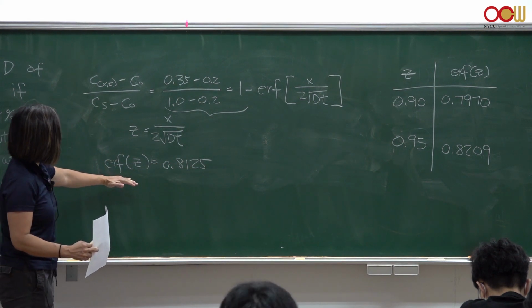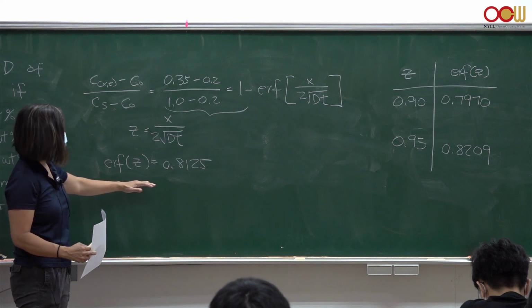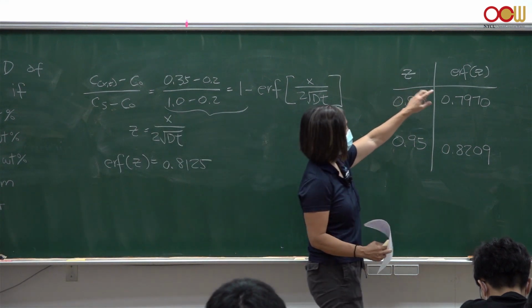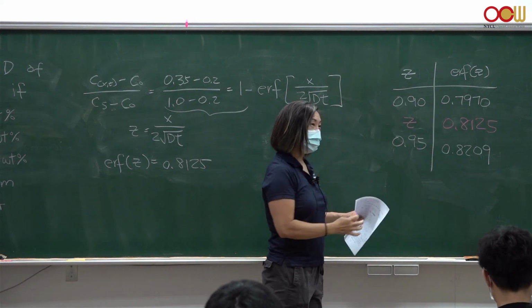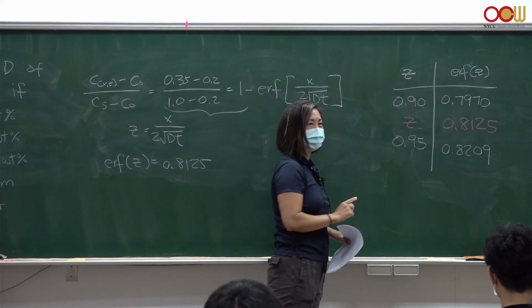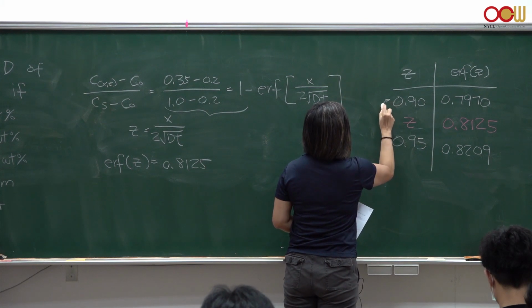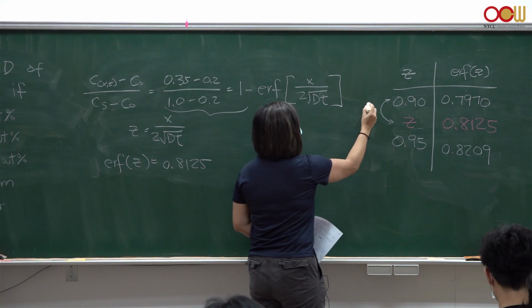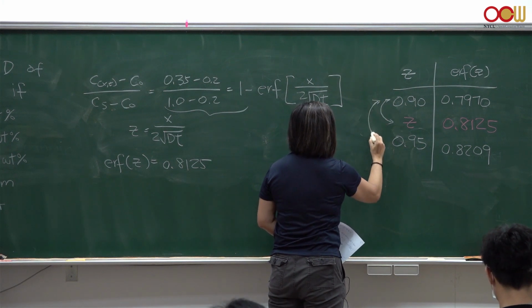So we know that the error function of z is 0.8125. So it's in between these two numbers. So our z would be in between these two numbers. And then we take the difference between the two smaller numbers and divide it by the difference between the two larger numbers.